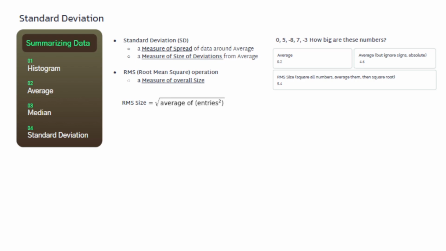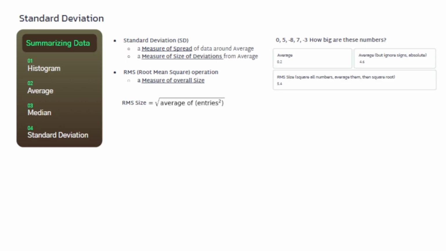But this is a poor measure of the size, because the positives mostly cancel out the negatives, and it's almost 0. It doesn't really reflect the size of your numbers. How to fix this problem? One way would be to ignore the signs of the numbers and take the average of absolute values.